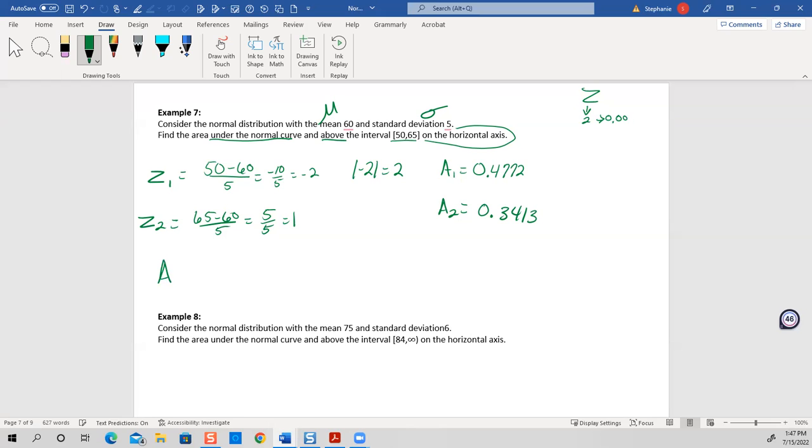So we're going to take A1 plus A2. So I have 0.4772 plus 0.3413 gives me 0.8185. And that is our answer.